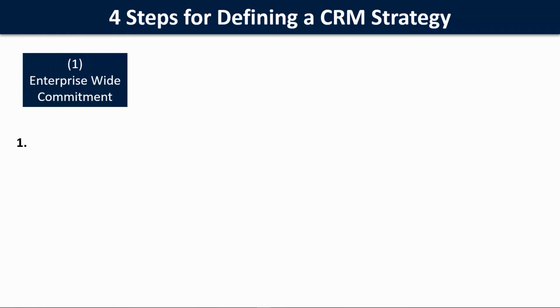And so for any given CRM strategy project, there needs to be enough commitment to successfully deliver the project or the scope that we're envisioning. So I'm going to call this enterprise-wide commitment. It's not saying that the entire enterprise needs to be completely on board with CRM philosophy as really being the only way to see things, but what we do need is enough enterprise-wide commitment to successfully deliver that project.